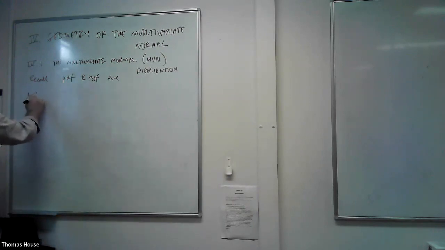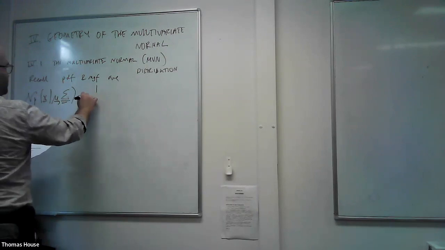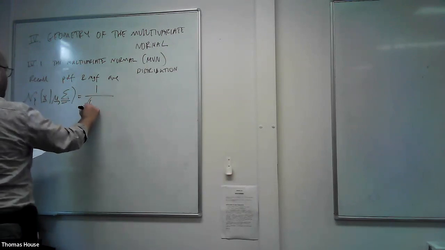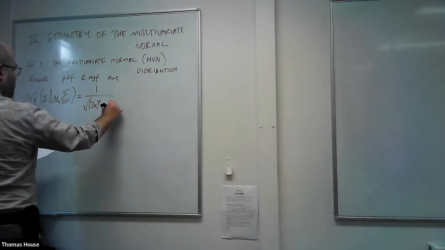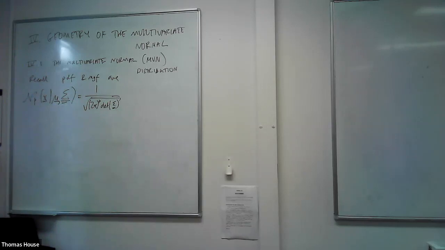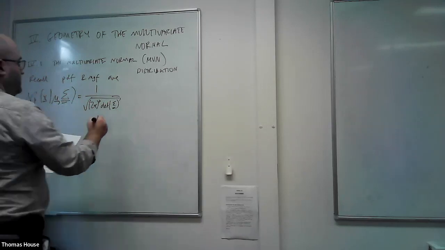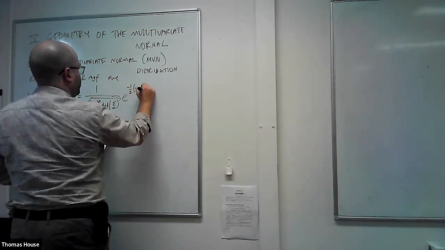So it's normal P, which has an argument x and parameters mu and sigma, and that's 1 over root of 2 pi to the P determinant of the sigma, and then e to the minus a half.